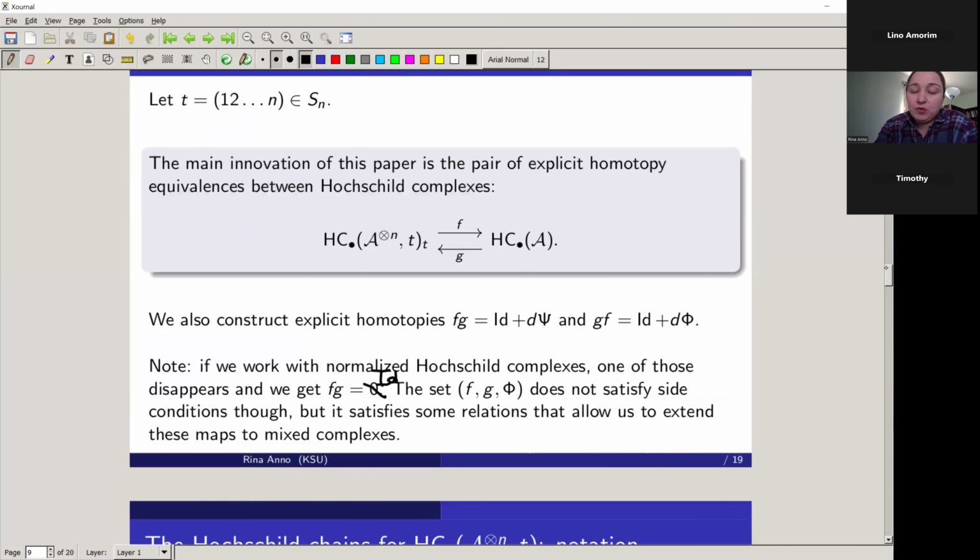So in order to describe the maps F and G, I need to introduce some notation, because a Hochschild chain in A tensor n twisted by T is a tensor product of m elements, but now every morphism in A tensor n is a tensor product of n morphisms.